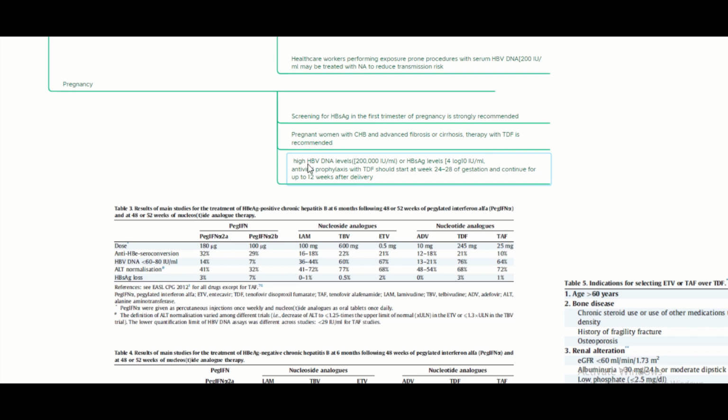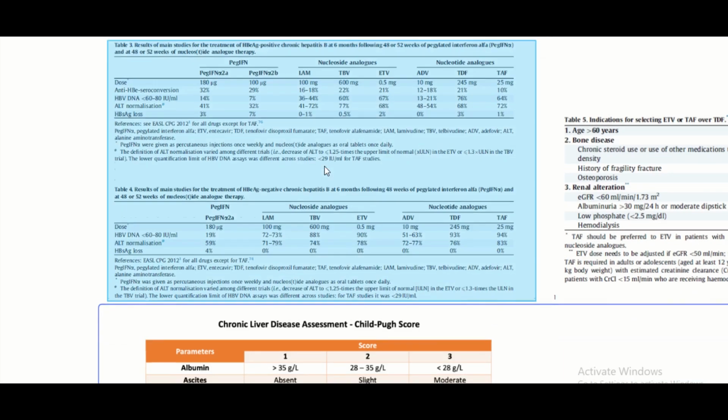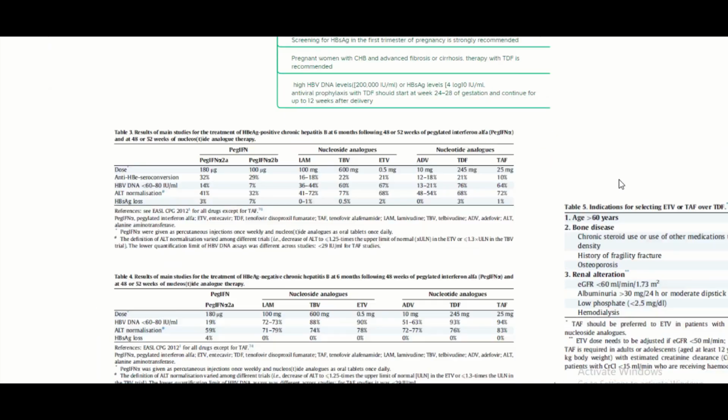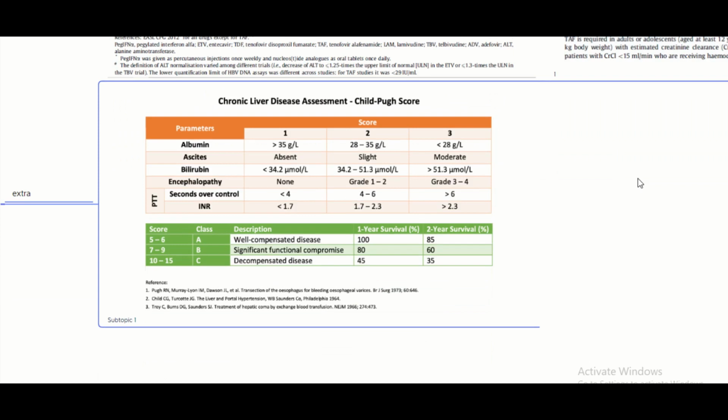This is the TDF variant of the tenofovir. This is important because TDF has less effect on other organs and less side effects.